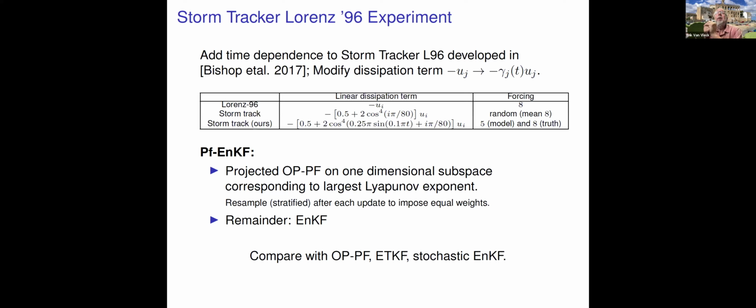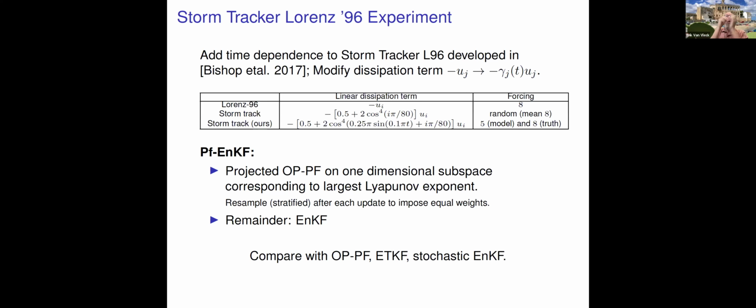For the forecast model, we use F equal 5. So we're introducing a structural error there, because we're using F equal 8 as the truth. That's what we compare to when we compare the RMSEs, and F equals 8 is also what we use to generate the observations.